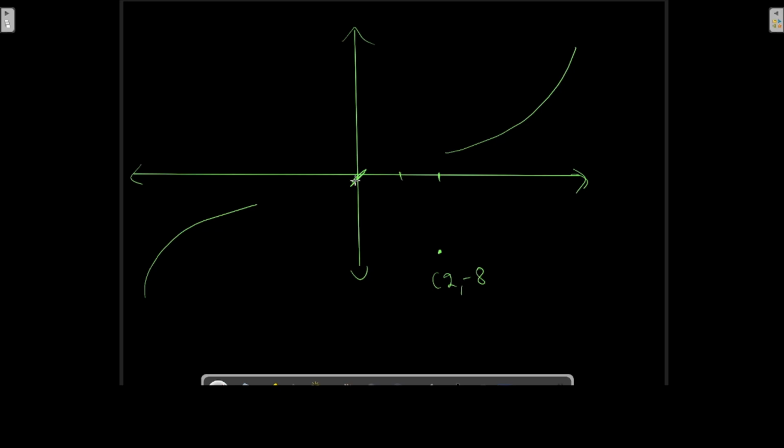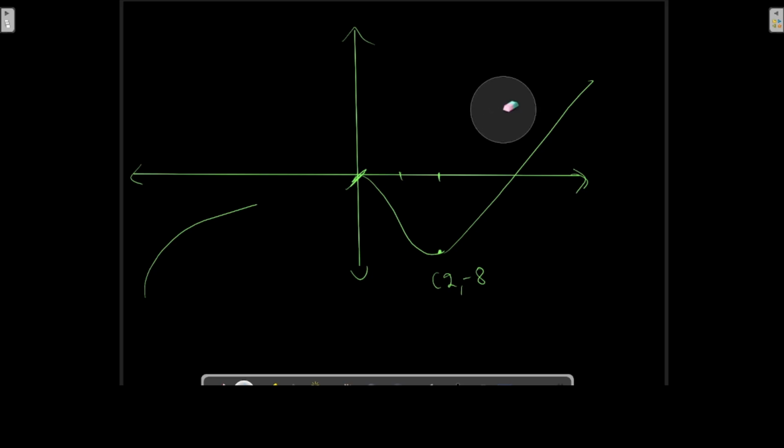So this is your max, and then it goes on this side, and then it must be going on this side, right? It means it goes over here. It's coming from the negative side. So this is 2 comma negative 8.